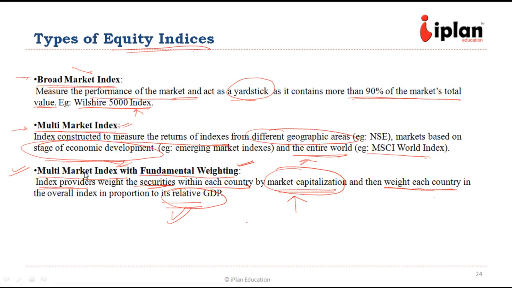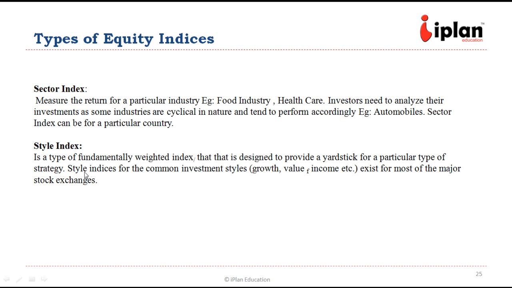Let us look at a few other types of indices. The sector index, which measures the return from a particular kind of industry. For example, food industry, healthcare, etc. So these are the different sectors for which we have a specific index. So that will give us an idea about how in general the industry is performing.